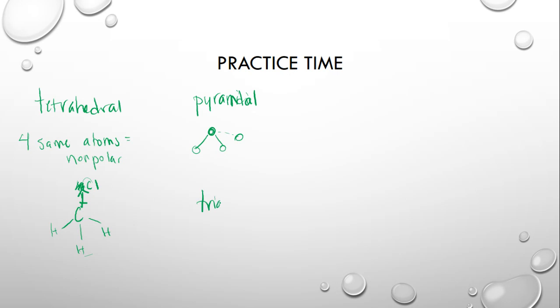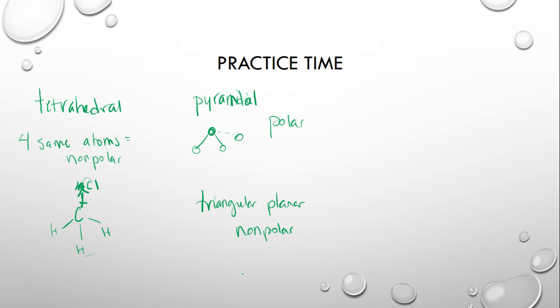The other option here for 3 attached atoms was triangular planar, and they tend to be nonpolar, just like tetrahedral, unless one end is different. I'm just doing the tendency, so hopefully you're listening to me and not just writing down what I'm writing up here.